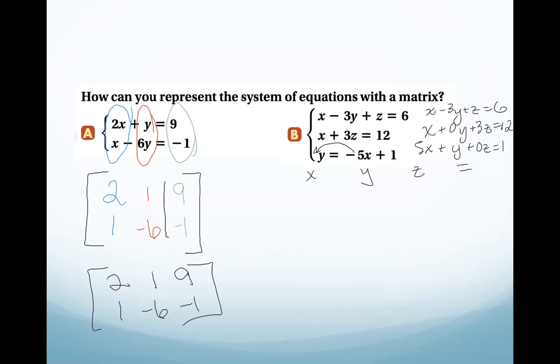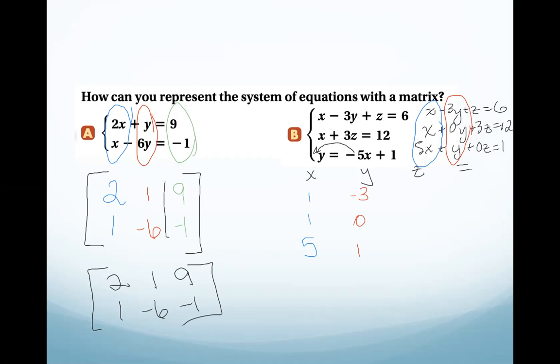And then we'll do the same thing where I take all of my x's that are now lined up, that's 1, 1, 5. I'll take my y's that are all lined up now, and including that negative, so negative 3, 0, 1. I'm going to use blue for z.